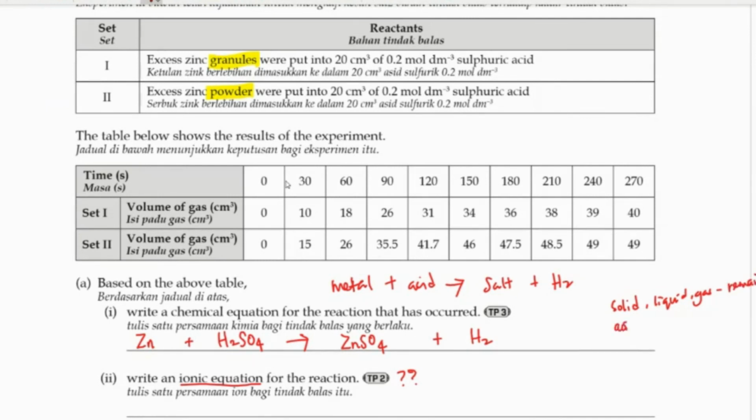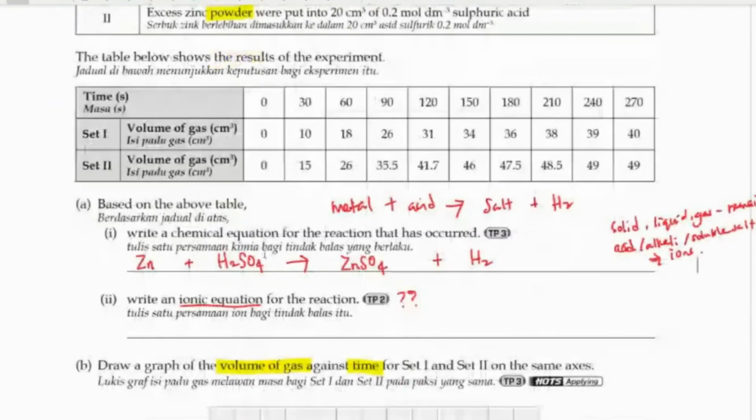Only acid, alkali, or soluble salt, make into ions. Then you can cancel. Everybody, try this. I think this can become our last question for today's lesson.